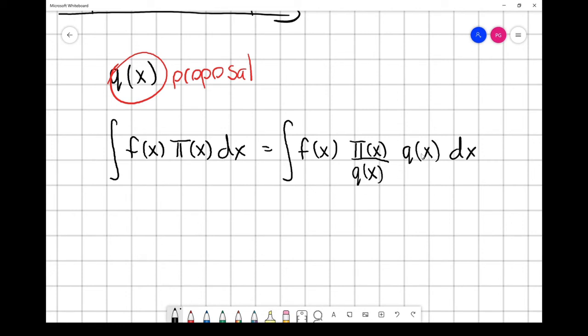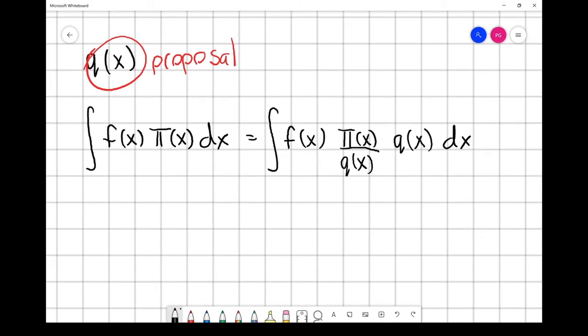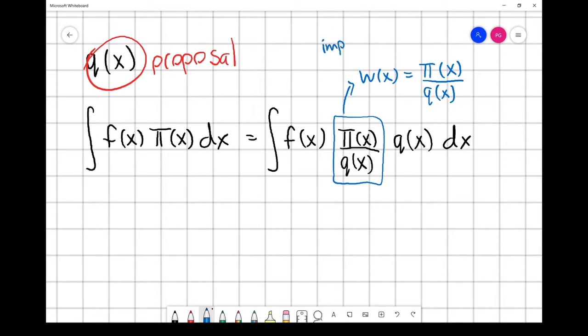Obviously, these cancel. And then what we're going to do is write this term now as w, where w is the ratio of the target distribution to the proposal, and is usually called an importance weight.